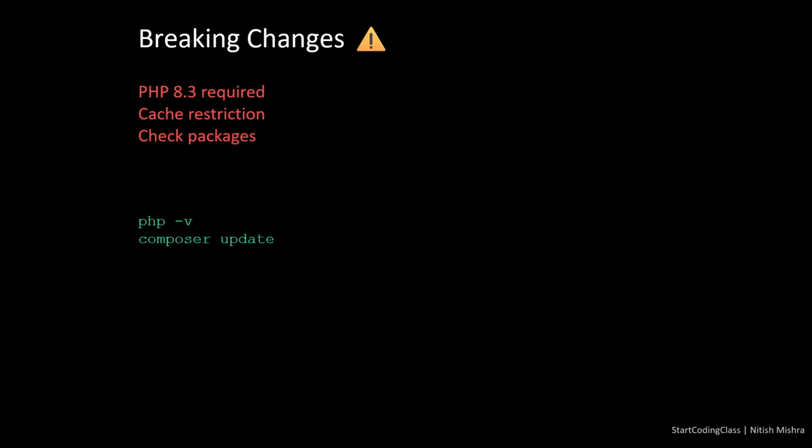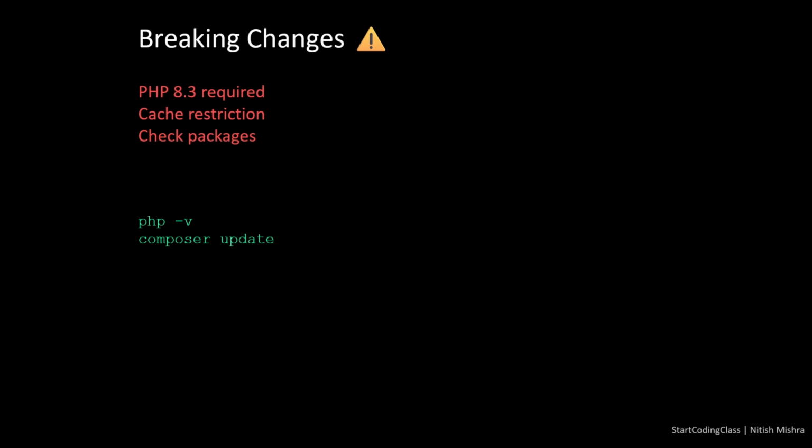And for cache restrictions, you must whitelist classes, and for package compatibility, some packages may break. So you need to check these things, like PHP should be 8.3, before updating your current project to Laravel 13.